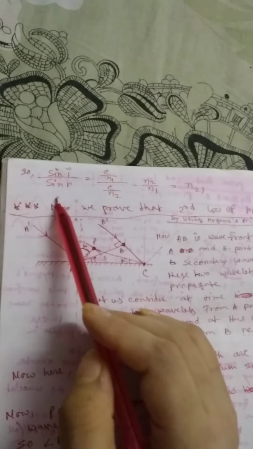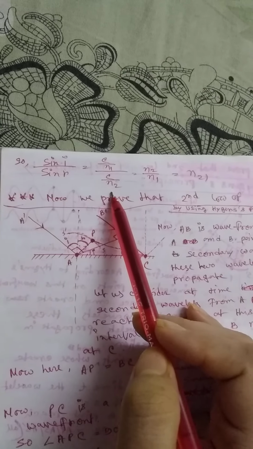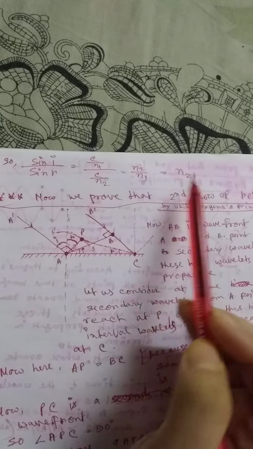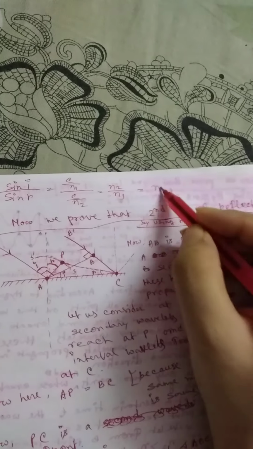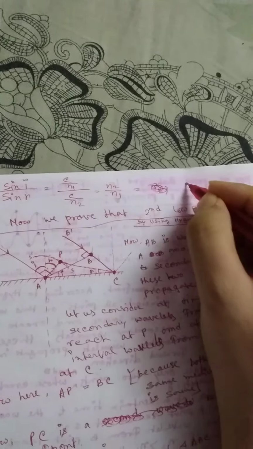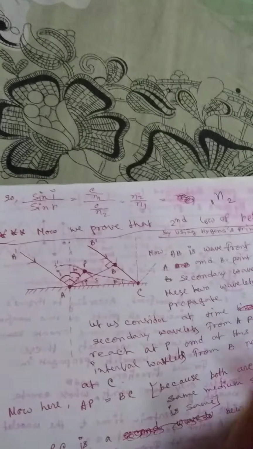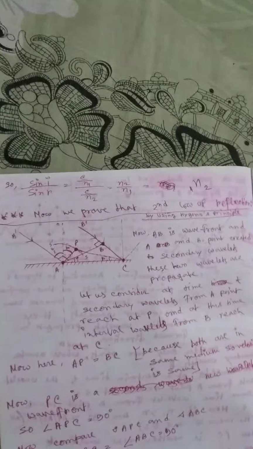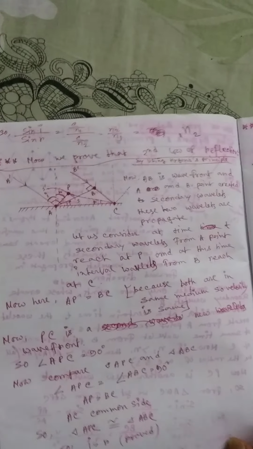Then we will get sine i by sine r equals (c by n1) by (c by n2), that means n2 by n1, that means n21. So sine i by sine r gives us the relative refractive index of the second medium with respect to the first medium.